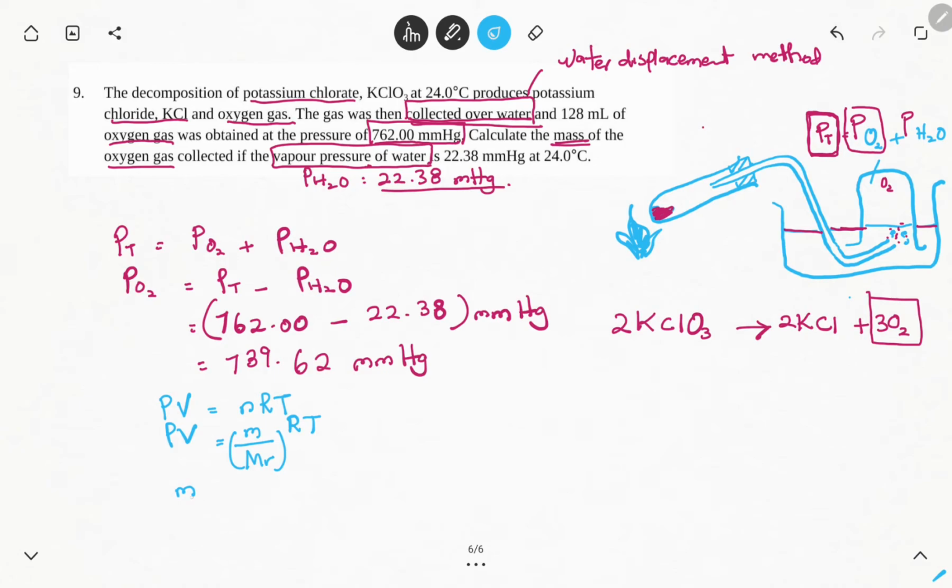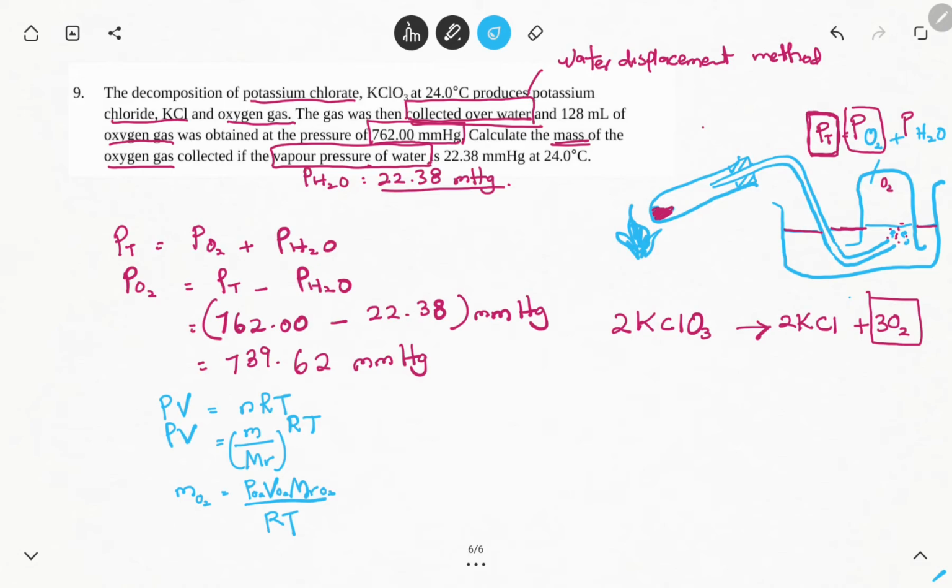Putting mass as the subject, mass equals PV times molar mass over RT. We are going to substitute the pressure of oxygen gas, the volume of oxygen gas, and the molar mass of oxygen gas.